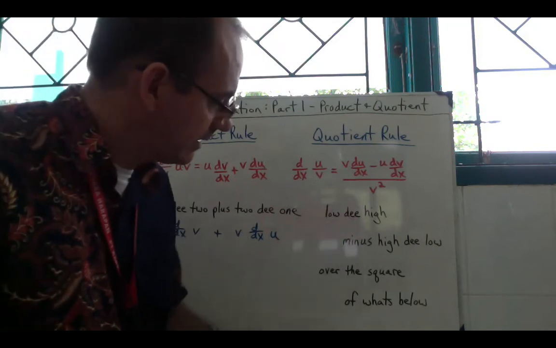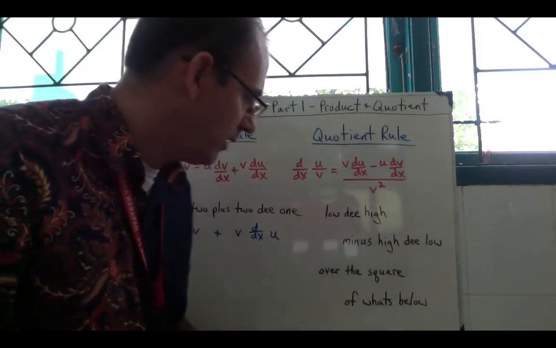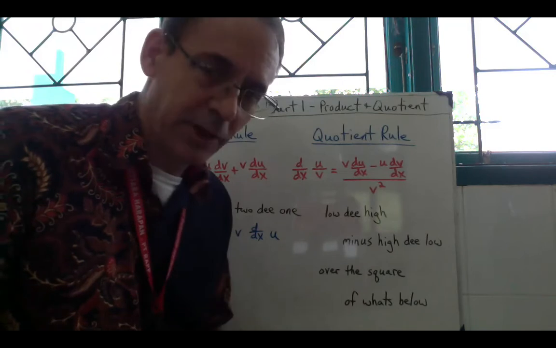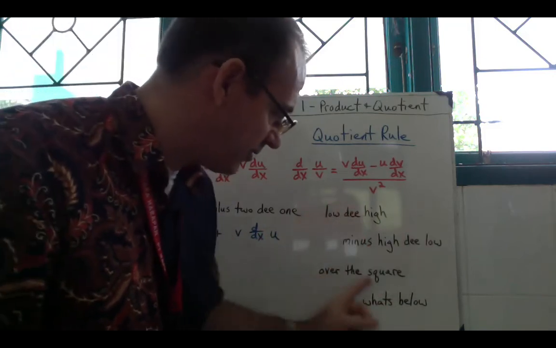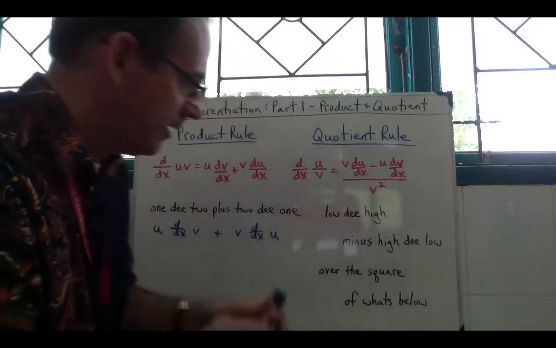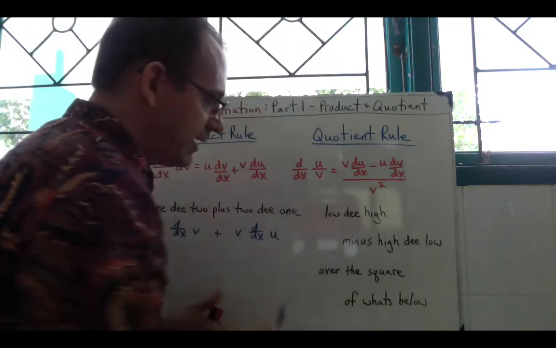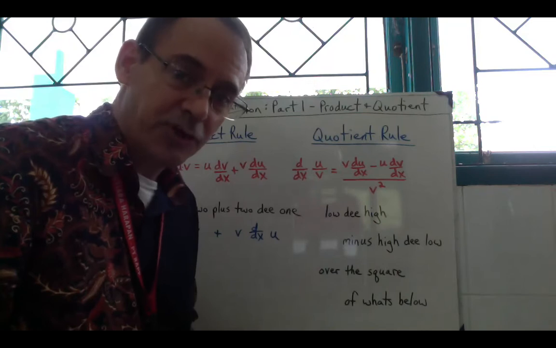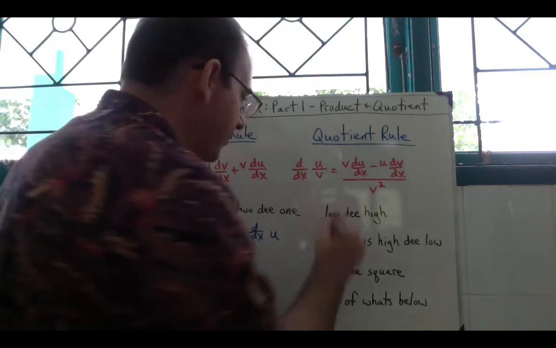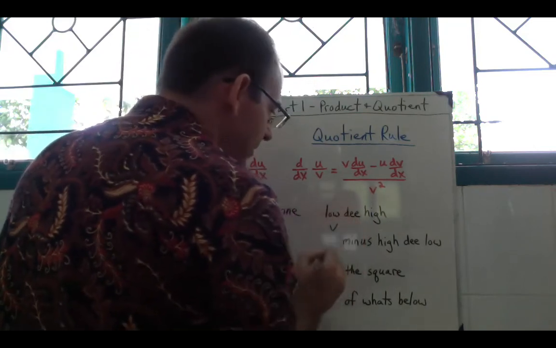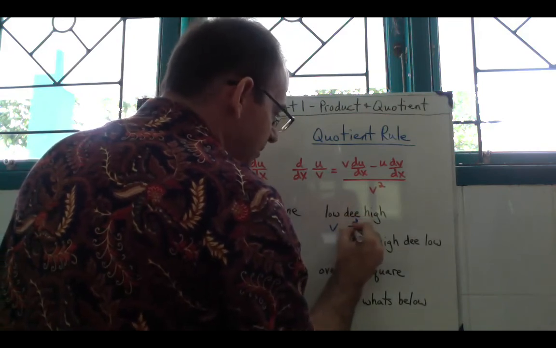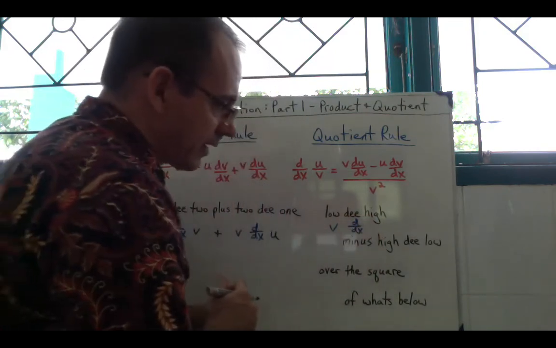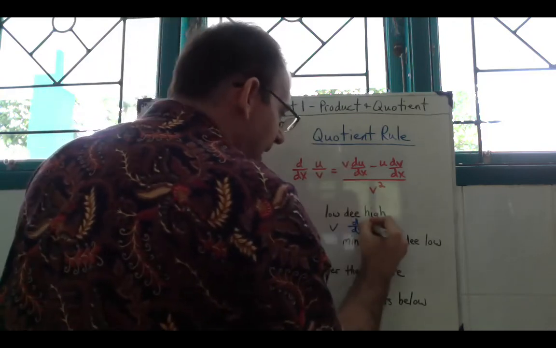low d high minus high d low over the square of what's below. Kind of rhymes. Low d high minus high d low over the square of what's below. So low is the lower term in the fraction, so that would be our v. D again is just our description of the derivative. High being the high term.